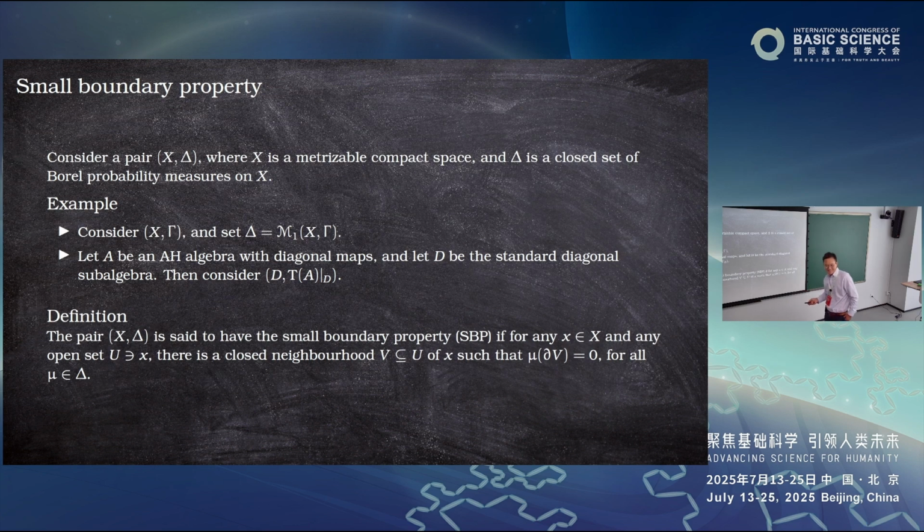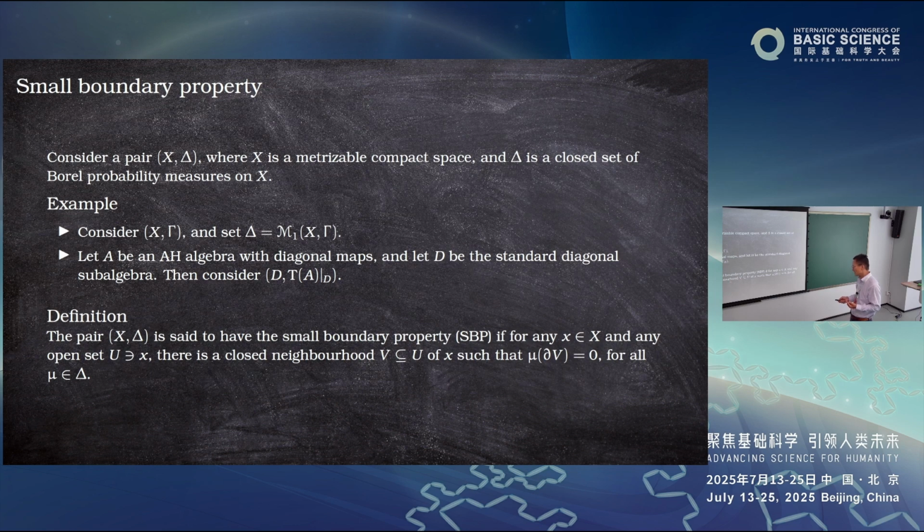Okay, sorry, I have not really talked about the small boundary property yet, but here it is. Suppose we have such a pair, X and delta. It has the small boundary property if whenever you have a point of your space, and whenever you have a neighborhood, then you will always be able to find another neighborhood inside the given neighborhood.